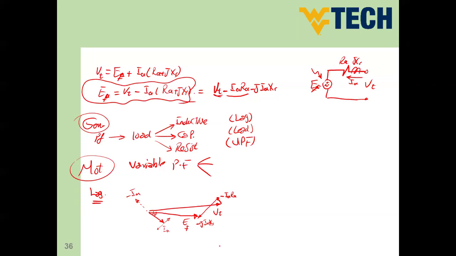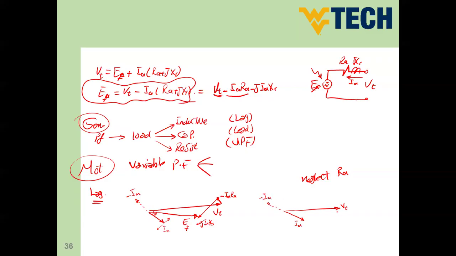So this is the lagging operation. If I neglect the armature resistance, I'm going to draw the phasor diagram with you again in case of RA neglected. So this is V terminal. This is the lagging IA. So again, this is minus IA.